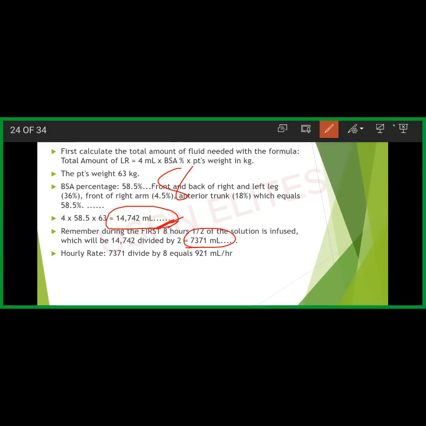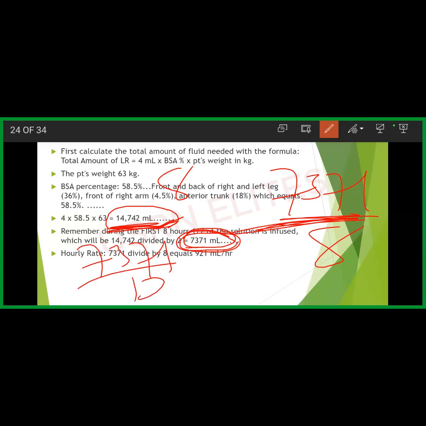So you know that after dividing this by 2, this is the total fluid the patient should take in the first 8 hours. But they are asking you the flow rate. So if you are taking this in 8 hours, it means 7,371 over 8. As an example, if they ask you how this fluid will go in 12 hours, it will be 7,371 divided by 12. If 16 hours, divided by 16. Do you get it?